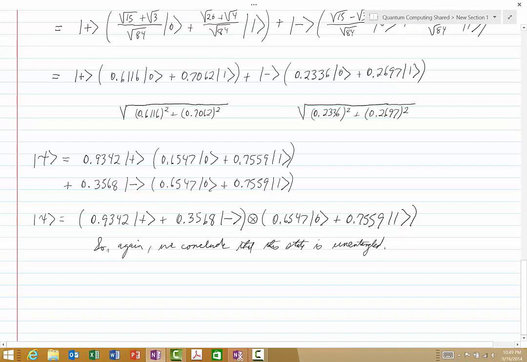And the probability that measurement of the first qubit will yield plus is equal to 0.9342 squared.